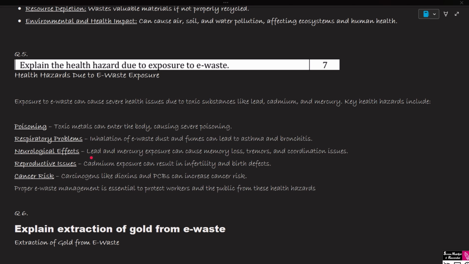Neurological effects: lead and mercury exposure can cause memory loss, tumors, and coordination issues. Reproductive problems: cadmium exposure can result in infertility and birth defects. Cadmium is a toxic substance which affects human fertility and causes birth defects. Carcinogens like dioxins and PCBs can increase cancer risk. So carcinogens are found in e-waste which can increase the risk of cancer.